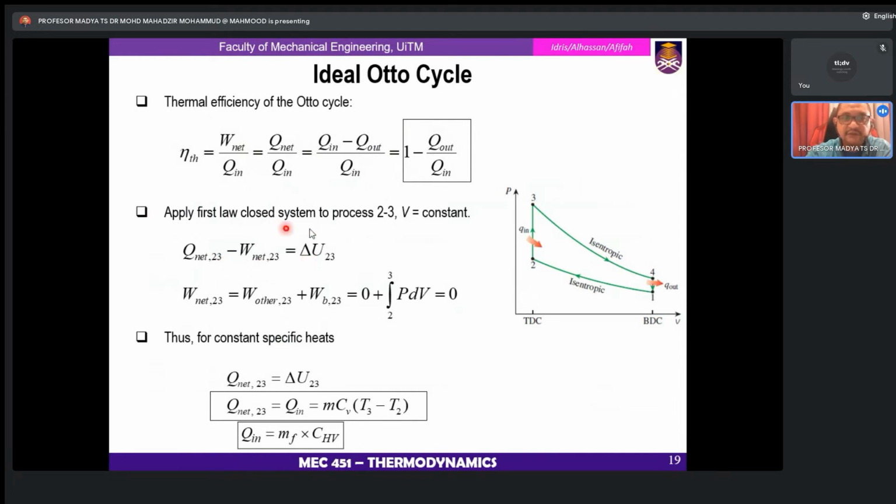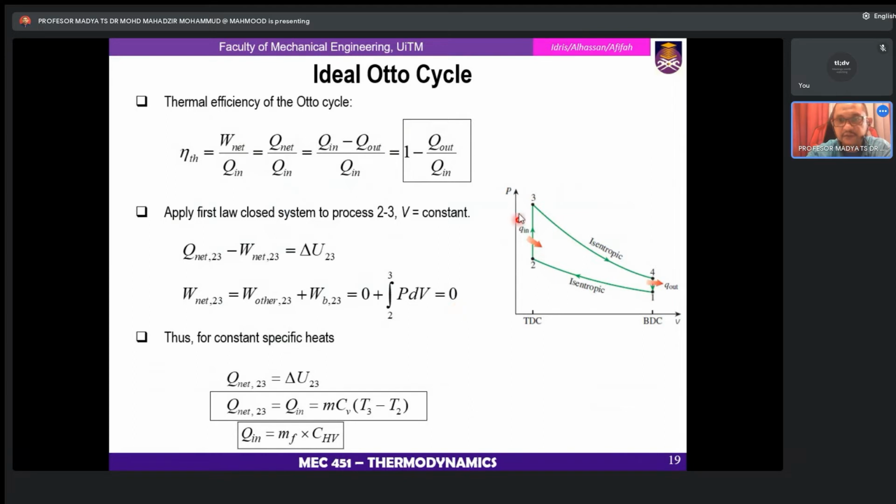Apply the first law for a closed system for process 2-3 at constant V. Based on the energy balance, first law of thermodynamics, Q minus W is delta U. From here you can get the equation to find work net at process 2-3. But if you look at 2-3, what happens?